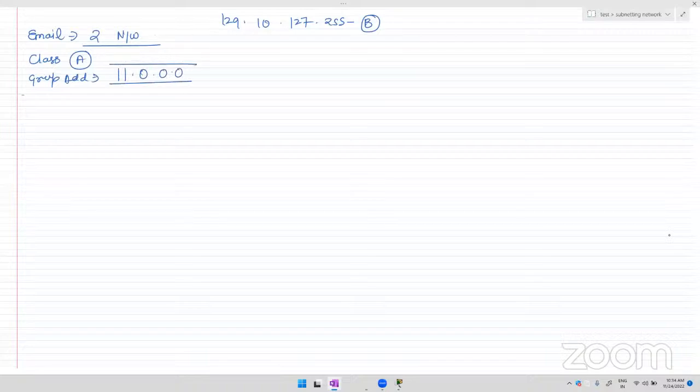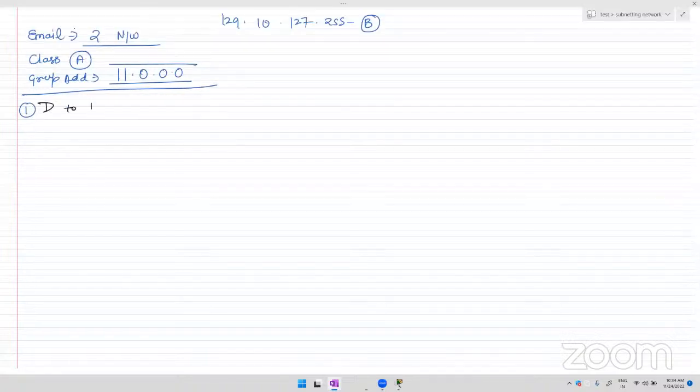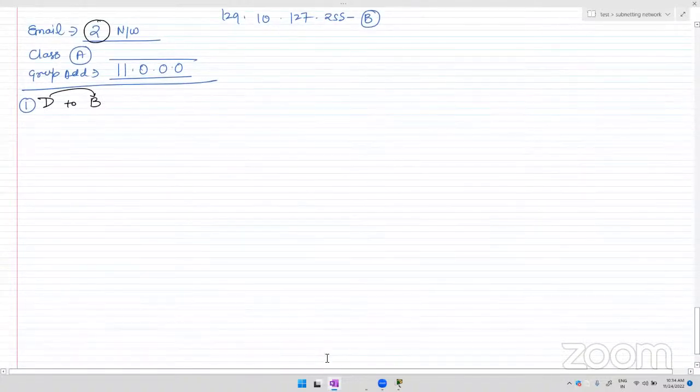So the first task for subnetting is decimal to binary. Is the decimal value more than 255 or less? We need to go to the first octet, or jump to the second or third octet. Which octet can we fill? Decimal to binary, first octet.